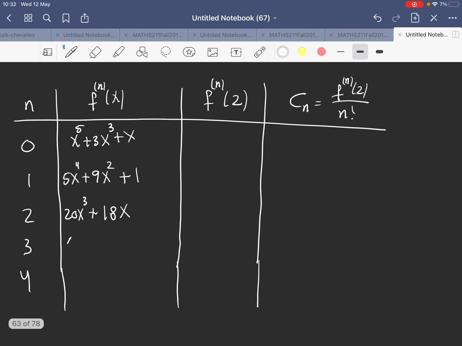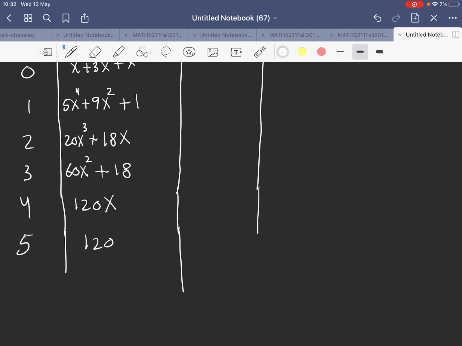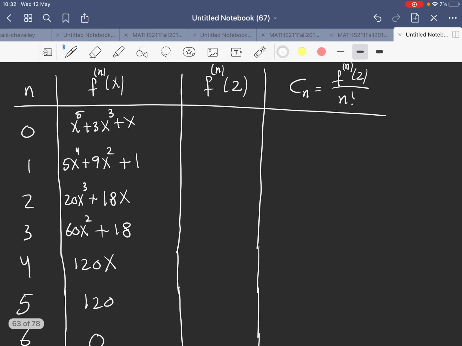Next derivative, 60x^2 plus 18. Next derivative is 120x. I think I need to take the fifth derivative. It is 120. And then it will be just 0. So I can see the pattern is that this will not be an infinite series. It will stop at a certain number.